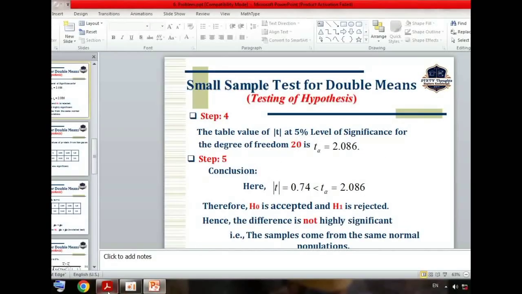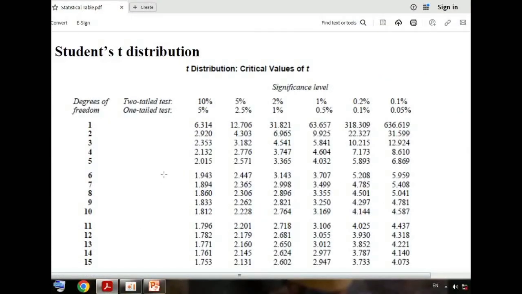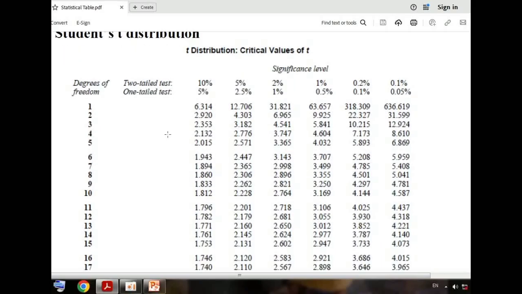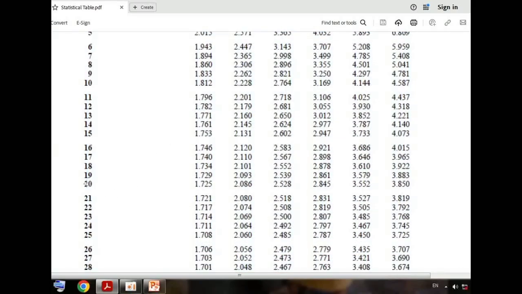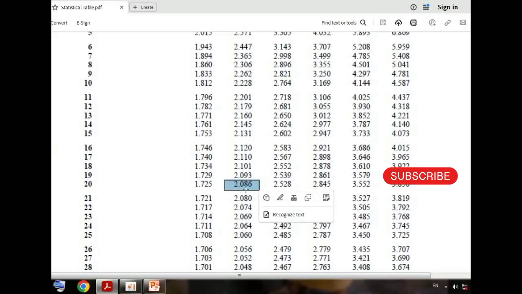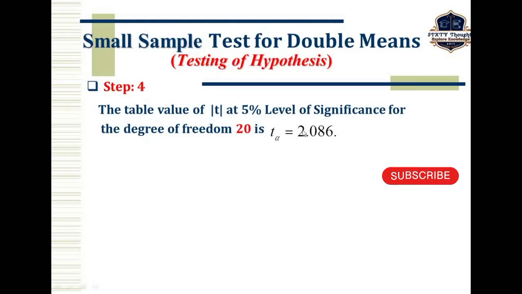This is the t distribution table. Our problem belongs to a two-tailed test at 5% level, and the degree of freedom for our problem is 20. For degree of freedom 20 at 5%, the critical value is 2.086. So using the statistical table, we get t alpha equal to 2.086.